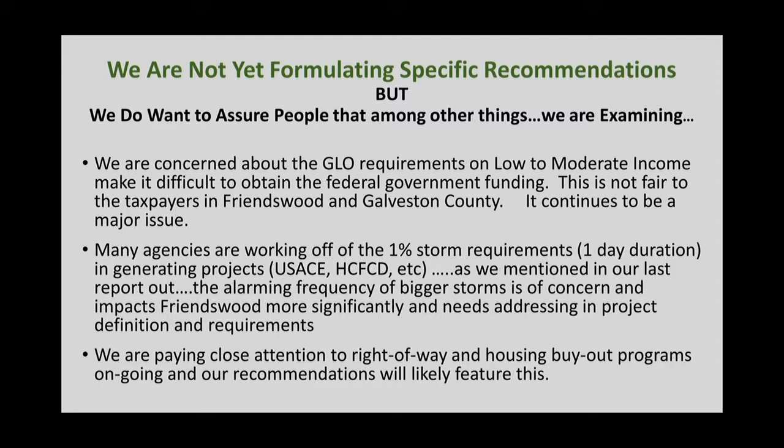So they are only trying to stop a 1% storm, and as we know, Harvey was not that. And we're paying close attention to the right-of-way and housing buyout programs, and ongoing recommendations will likely feature some of these things.